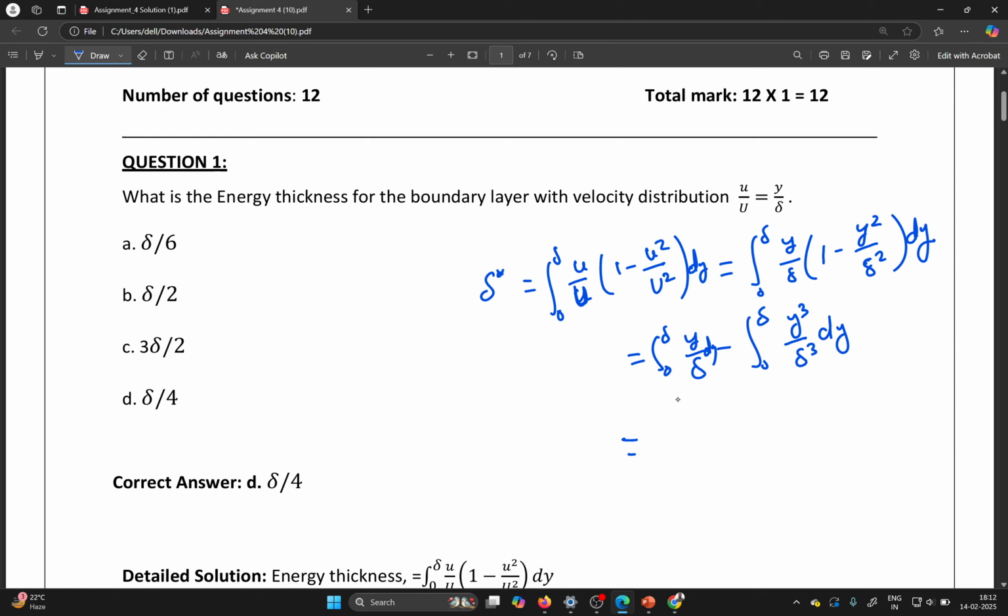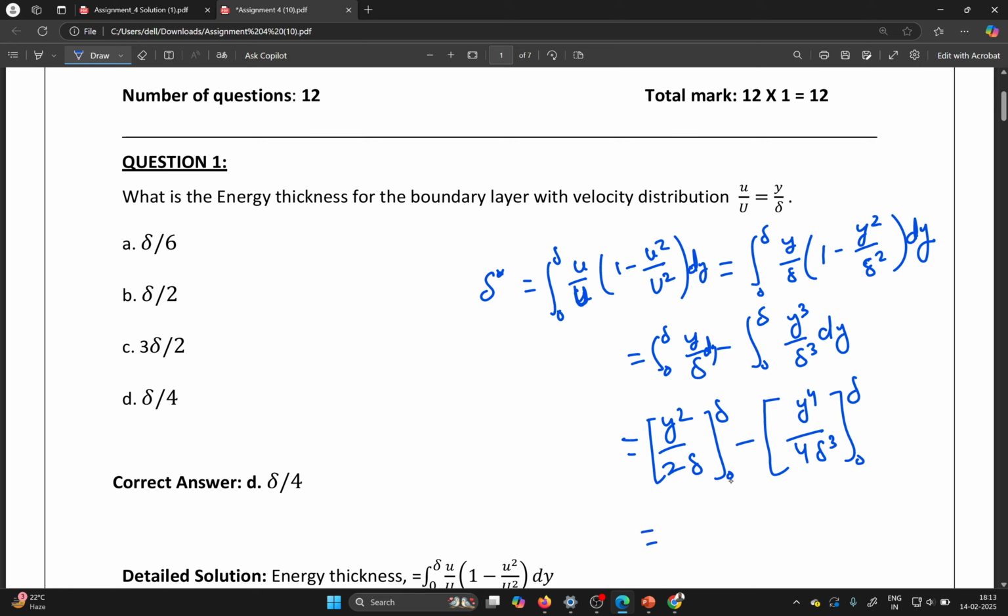So here y square by 2 delta minus y to the power 4 by 4 delta cube, from 0 to delta. Here you need to put first your upper limit.